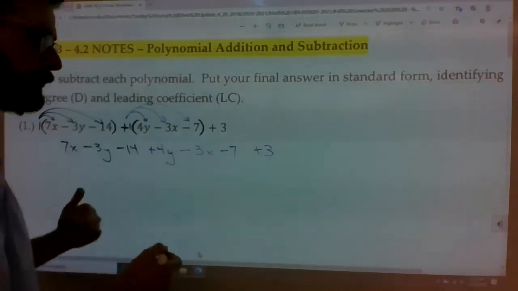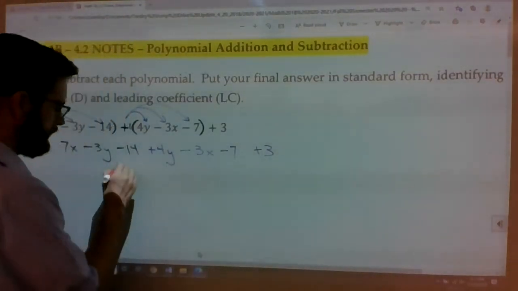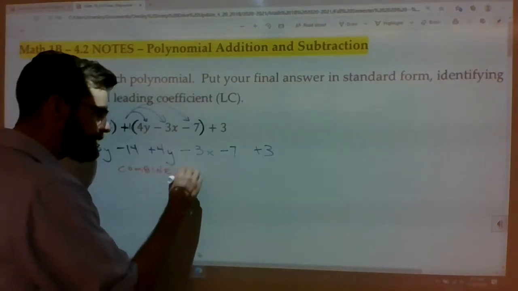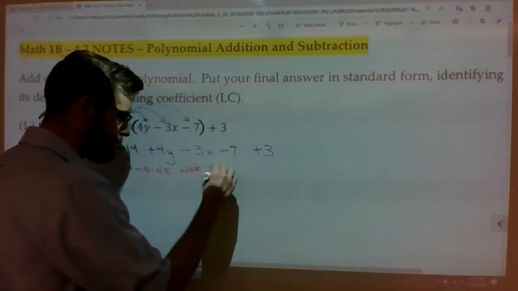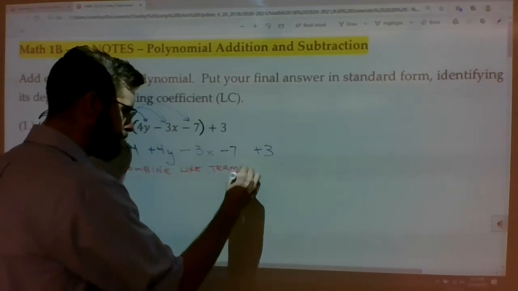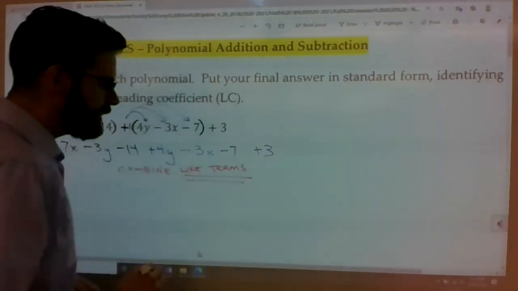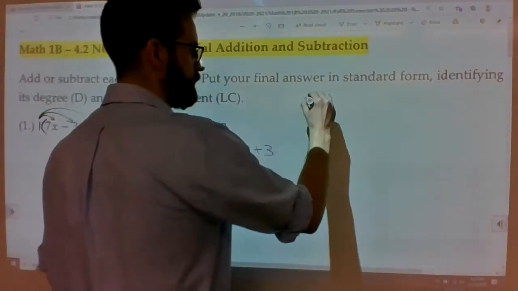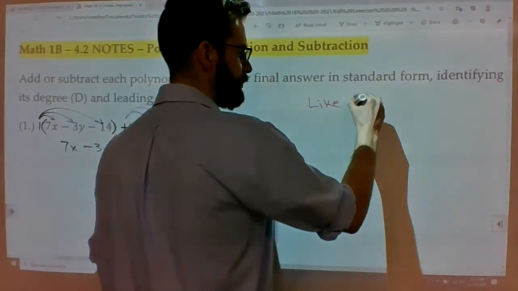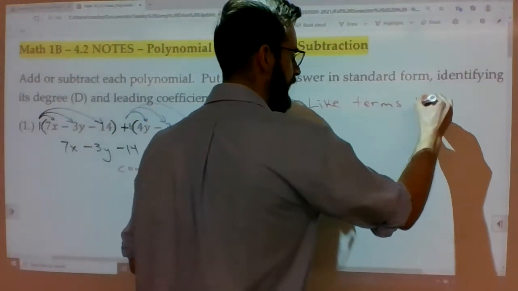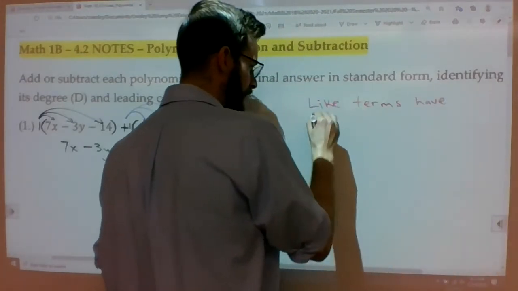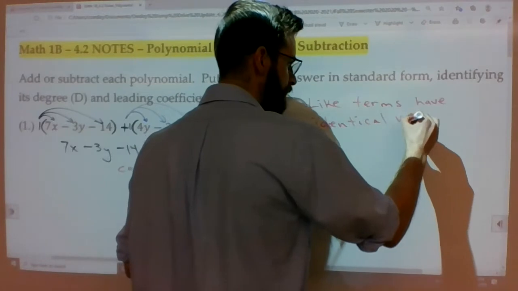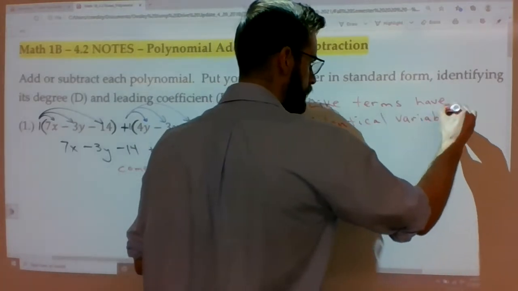Okay, now, move number 2. Combine like terms. So like terms have identical variable parts.